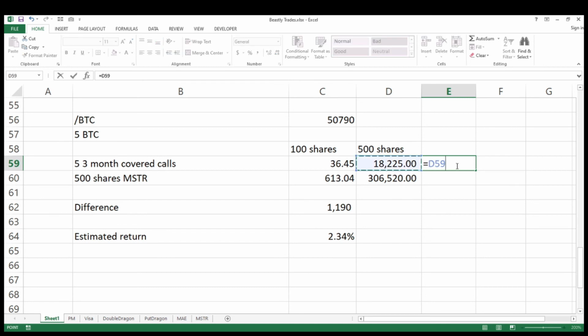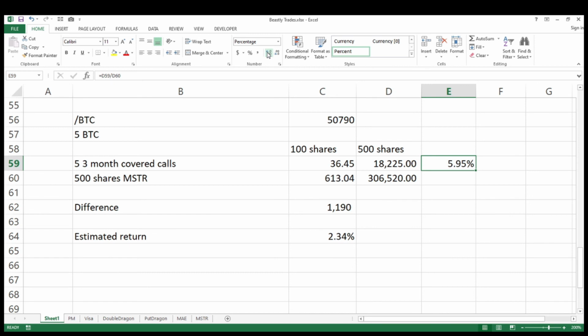Let's do a quick and dirty return over here. In this case, the options will actually be a better deal, because you're getting almost 6% on your money for almost 3 months.